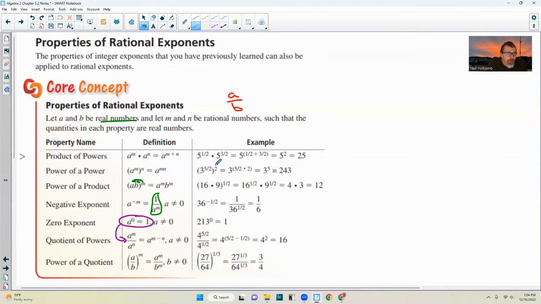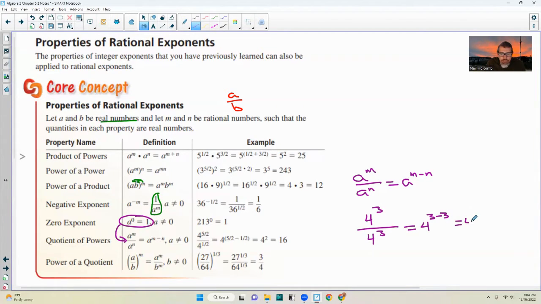Now I'm going to talk about a to the 0 equaling 1. If I have a to the m over a to the n, and the rule says that we take a to the m minus n, well, if m and n are equal, let's say a is 4 and m is 3, divided by 4 and n is 3, then we would have a to the m minus n, 3 minus 3, you subtract the powers.